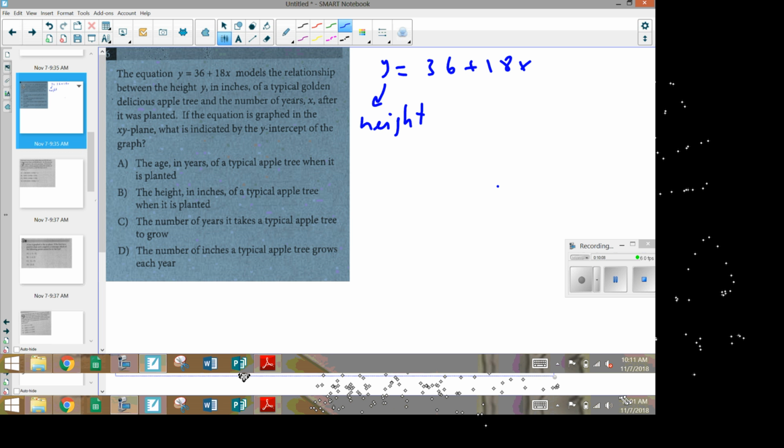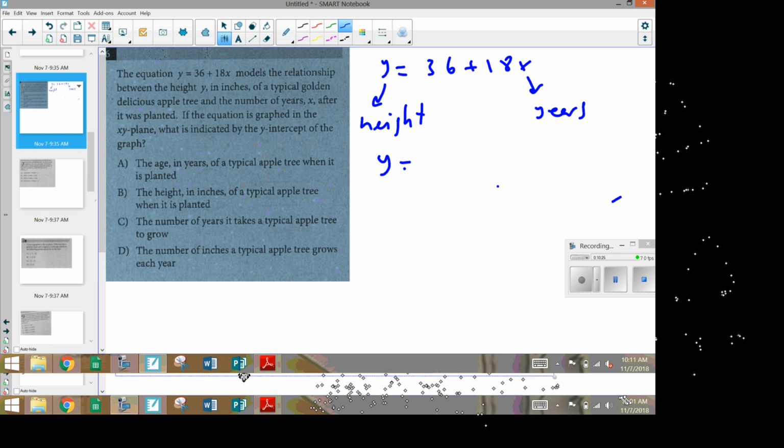So years is x. This is the number of years after it was planted. If the equation is graphed in the xy plane, what is indicated by the y-intercept of the graph?